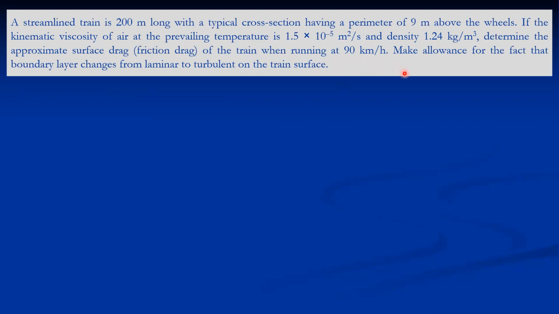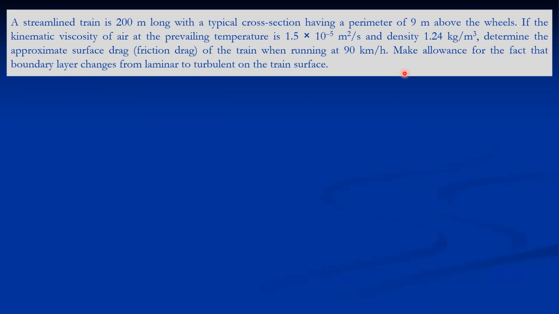Make allowance for the fact that the boundary layer changes from laminar to turbulent on the train surface. So here it is recommended that you consider the entire boundary layer formation as turbulent.